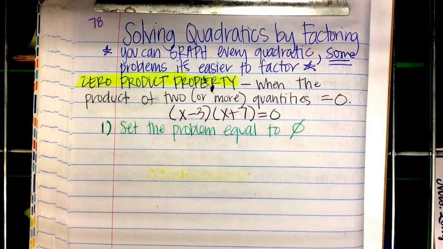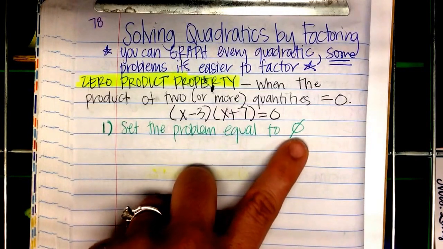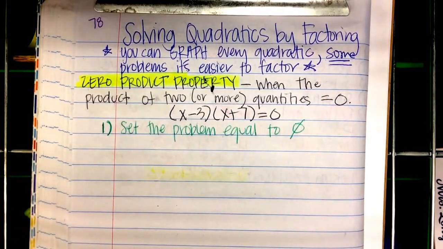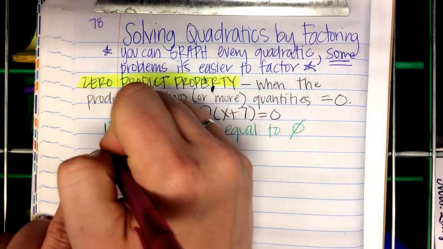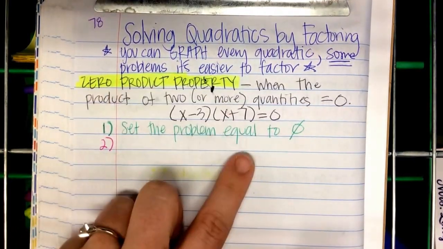Some of our problems, we needed to move a quantity to the other side to make it equal to 0. So we're going to set our problem equal to 0. Lots of times, step number 1 is already done. We don't have to do anything for step number 1. Other times, we're going to have to move something to make it equal 0.